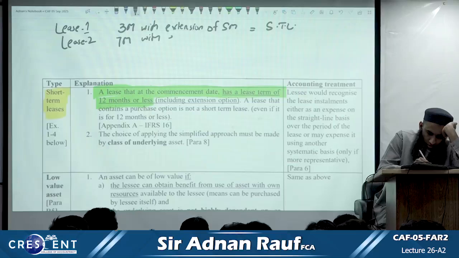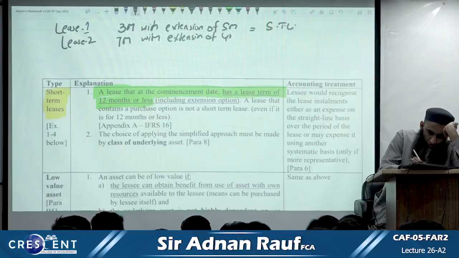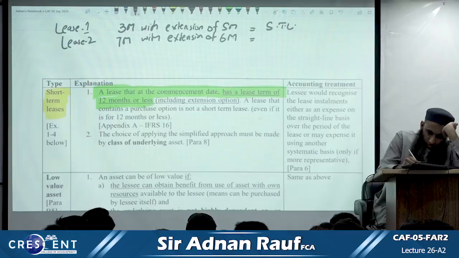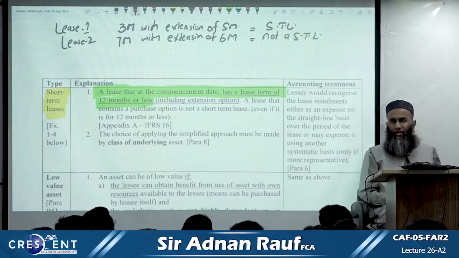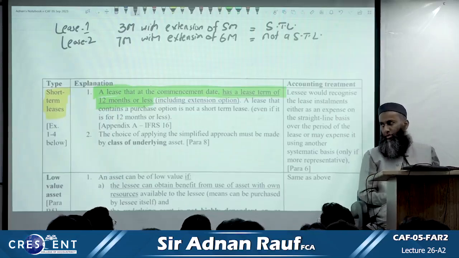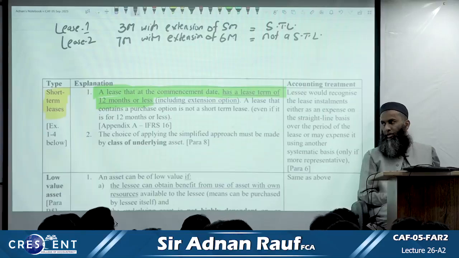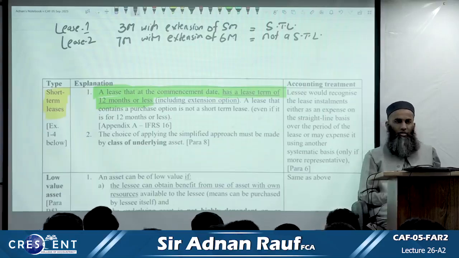Our lease number 2 is seven-month with extension of four-month. With extension of six-month. Extension, do you want to check it or do you want to check it without putting the extension? Note it down. Now note down these examples in the register.